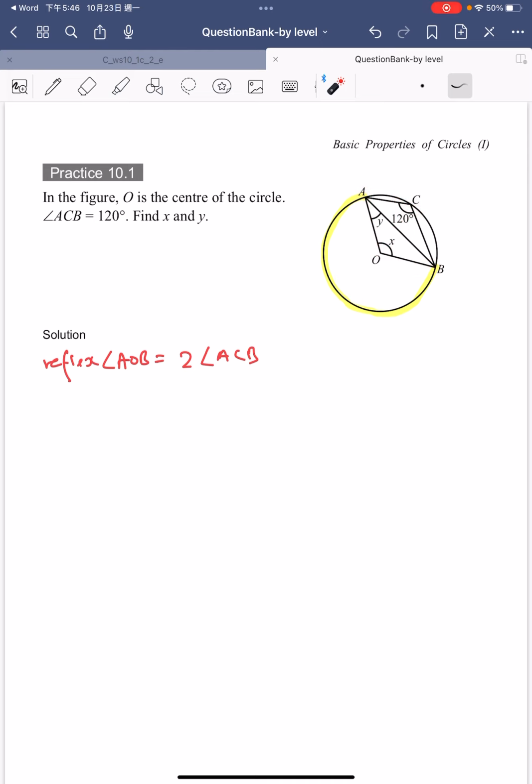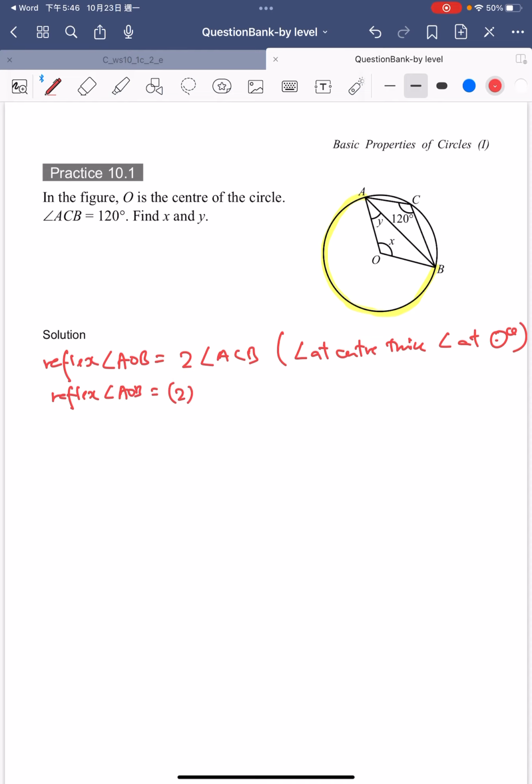So they have a relationship of doubling, by using the theorem of angle at the centre twice angle at the circumference. Then the reflex angle AOB is equal to 2 times 120, which is equal to 240 degrees.